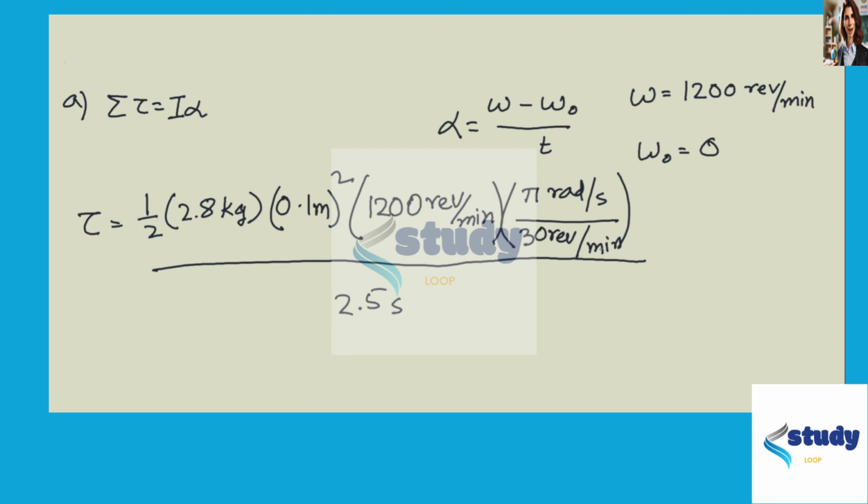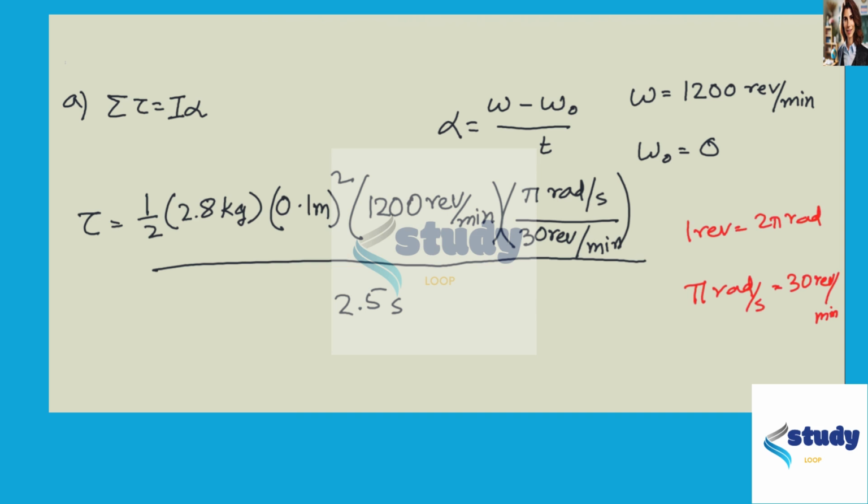Now the way we got that is we know that 1 rev is 2 pi radians, and so that means pi radians per second is 30 rev per minute. So we just substituted this over here.